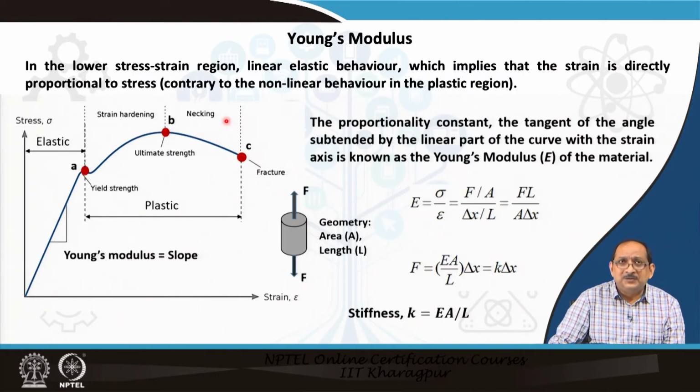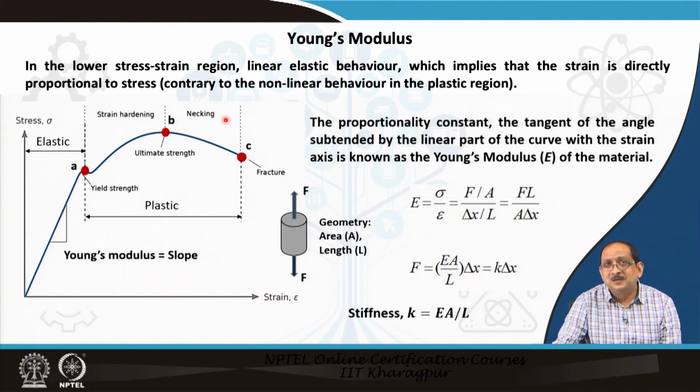In the lower stress strain region of the curve, linear elastic behavior is exhibited, which implies that the strain is directly proportional to the stress, contrary to the nonlinear behavior in the plastic zone.